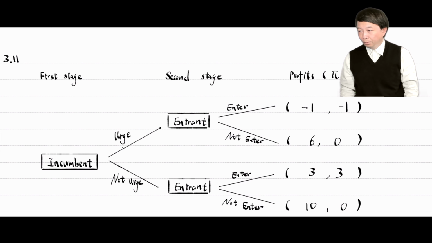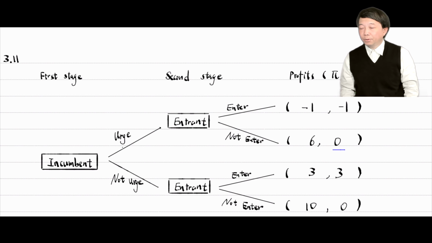We first determine the potential entrant's response in the second stage to each possible action by the incumbent. Given that the incumbent urges the government to require pollution control devices, the potential entrant gets -1 if it enters the market, but 0 if it does not. The potential entrant's best response is not to enter the market.